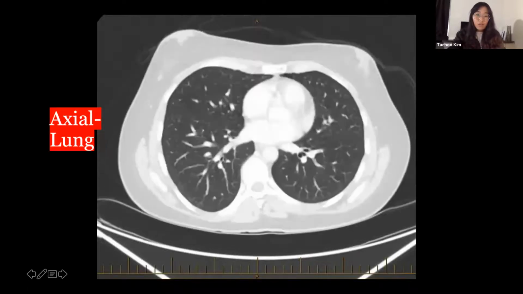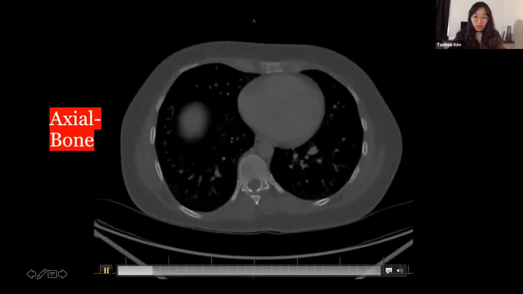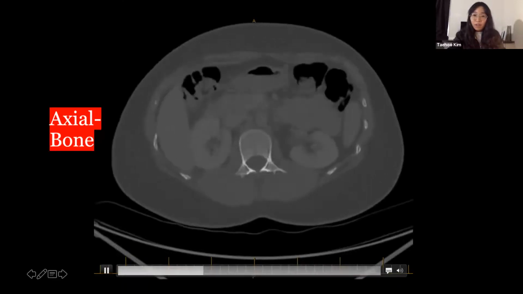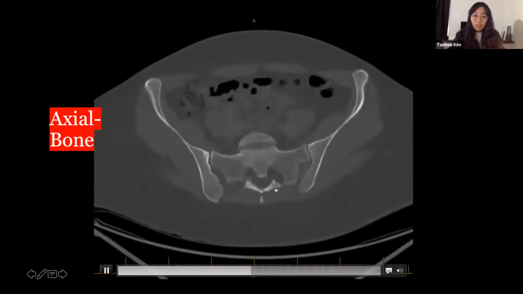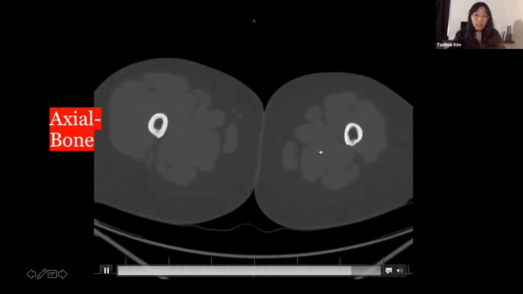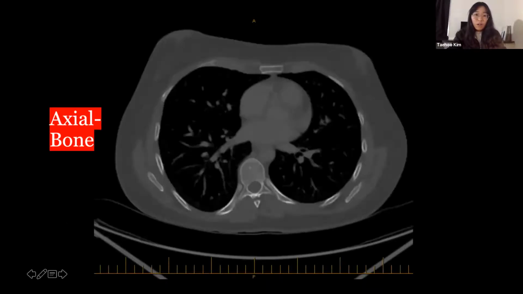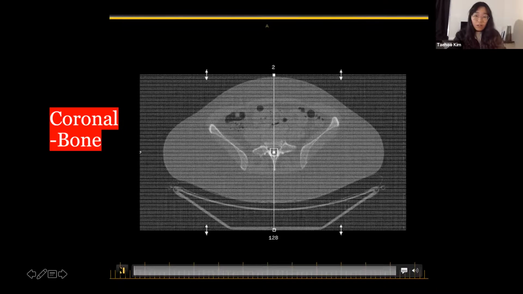And then I like to go to the bone window to look for fractures. Here I don't care about rib fractures or small spinal fractures. It's more the pelvic fracture that can kill the patient because it can cause a lot of bleeding. And then I look at the bone window on coronal. Why coronal?